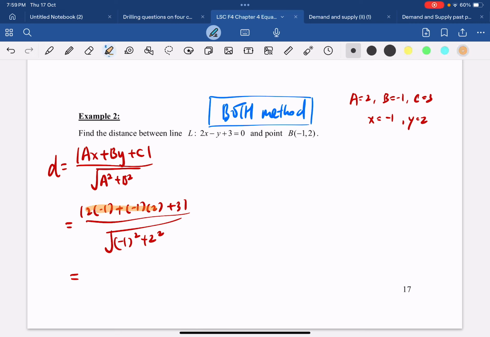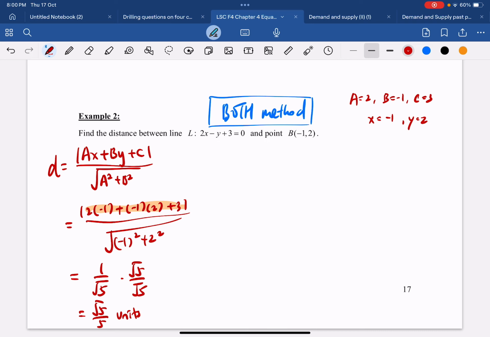If you compute this, it would yield -1, but since it's an absolute value, it means 1 over root 5, but you need to rationalize the denominator, so it's root 5 over 5 units. Okay, so that's the first method.